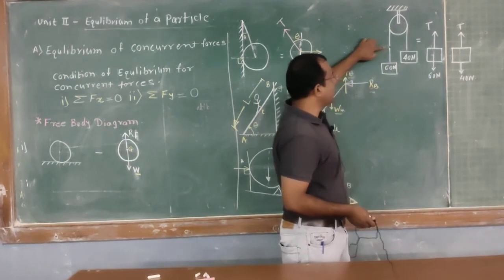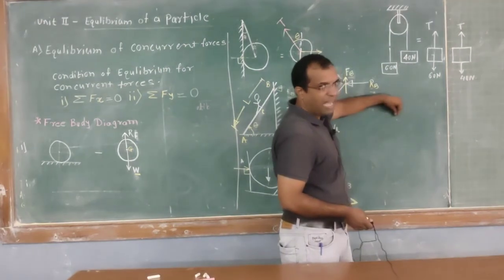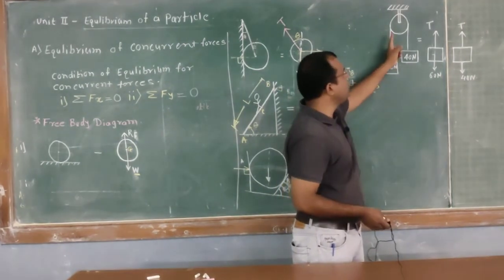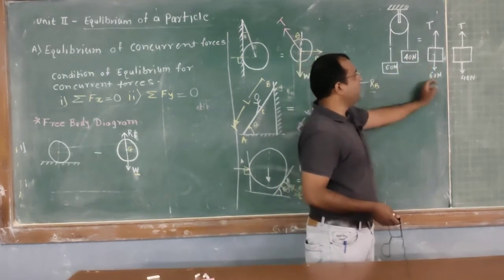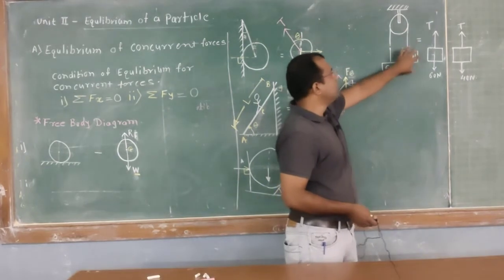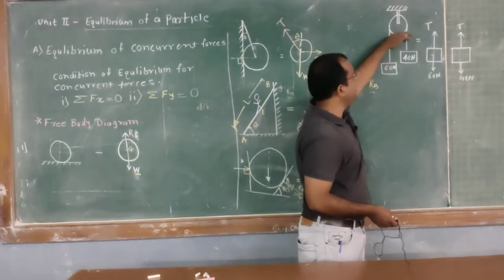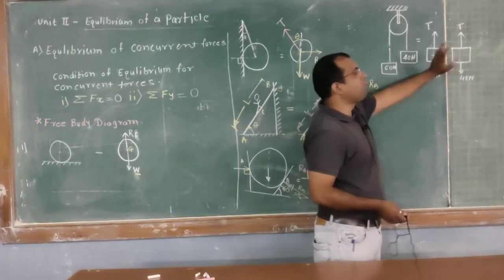If I cut this string from this point, the 60 Newton will be going in downward direction. This is the active force, and the reactive force will be the reaction offered by the string in order to keep this body in equilibrium, that is tension, which is always in upward direction. Similarly, if I cut the string here, 40 Newton is in downward direction and tension is in upward direction.